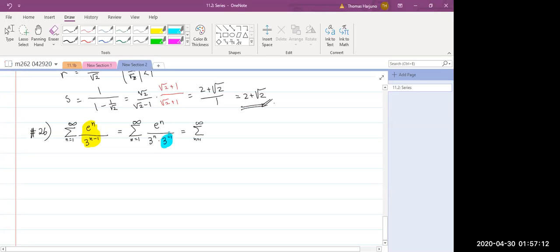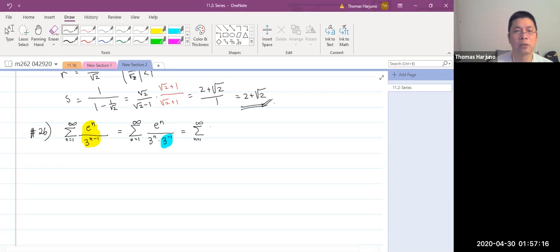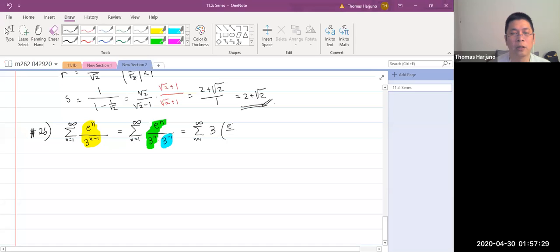Is that 1/3 or no? Yeah, 1/3 at the bottom. So it goes up, becomes 3, right? Now what happened to this guy? That's e over 3 to the n, right?